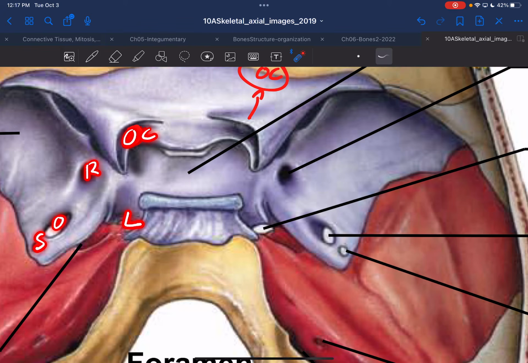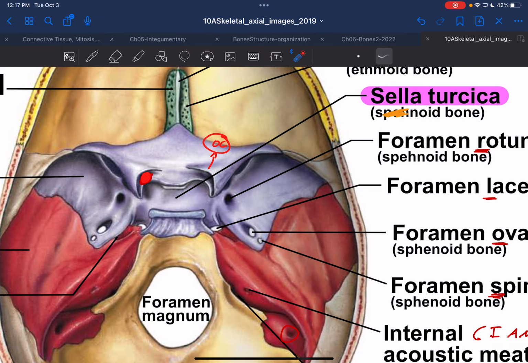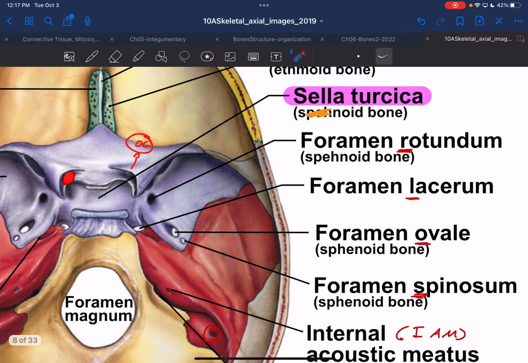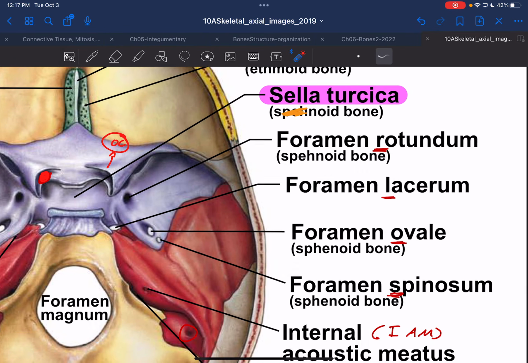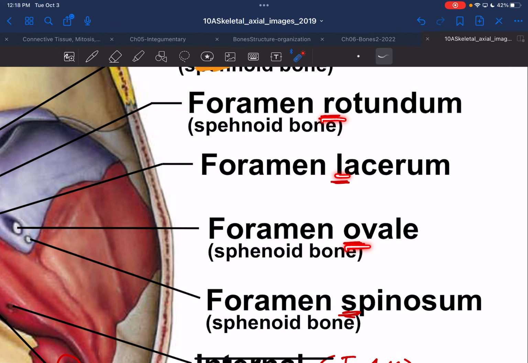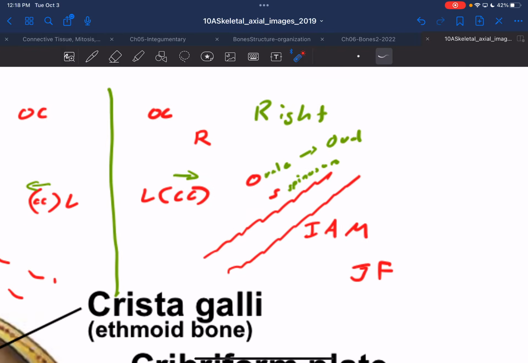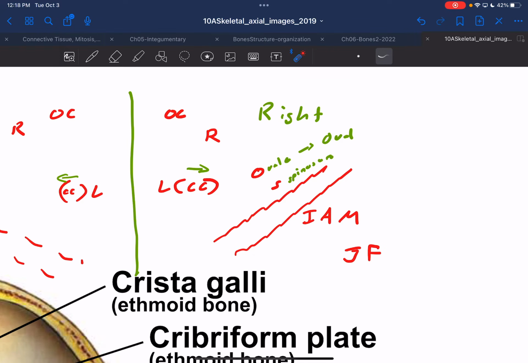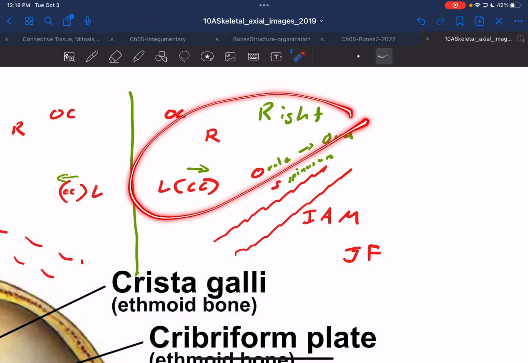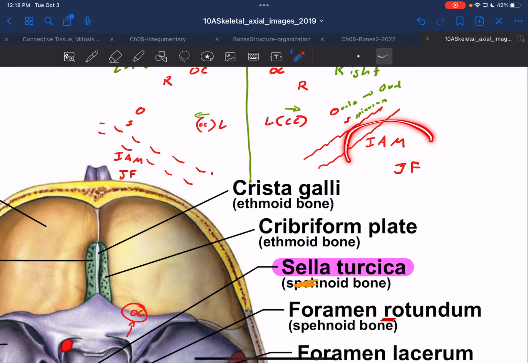And then you can see that there's going to be this little groove that goes towards the ear. That's going to be the carotid canal. And that's why I have it in parentheses, because it's going to look directly like a part of that one, the lacerum, of foramen lacerum. And so I use the first letter of each one of these to make this mental map. If you know this side, you know the other side, right? We finished this top part. And now you kind of guess the rest of how this is all going to work.